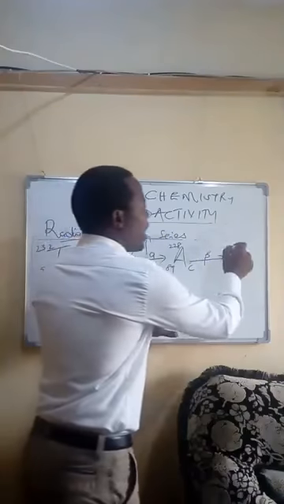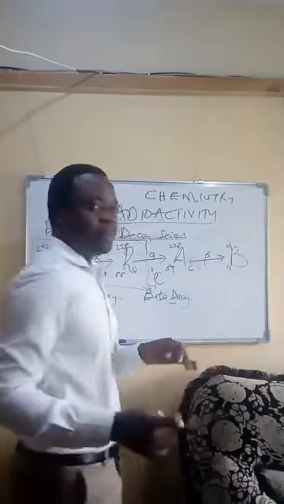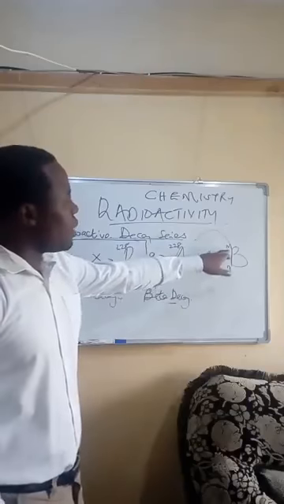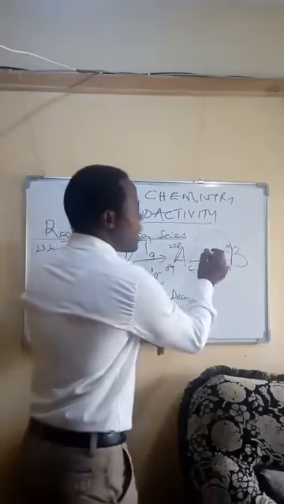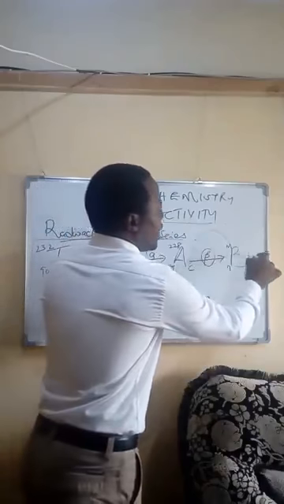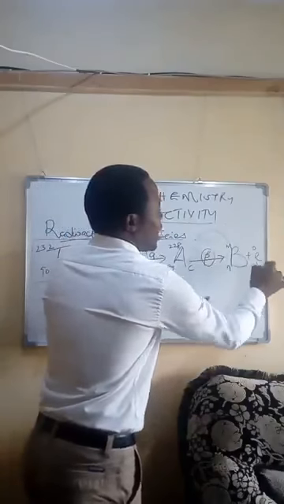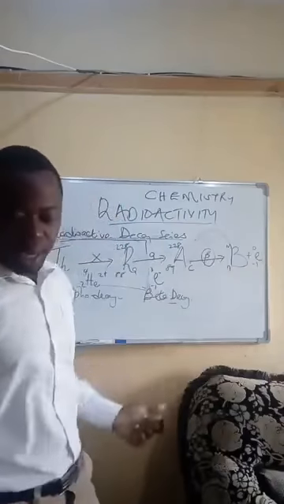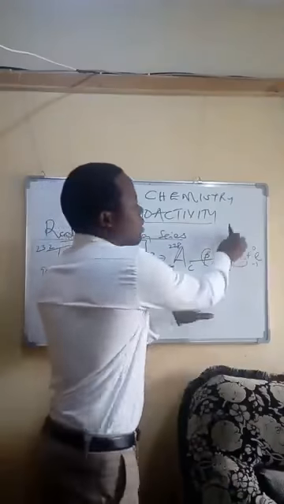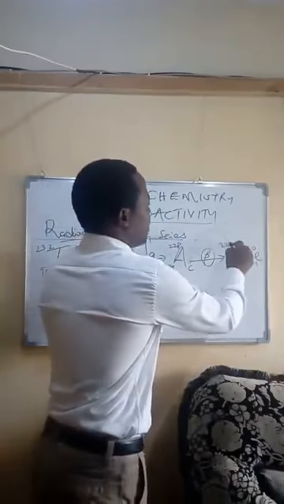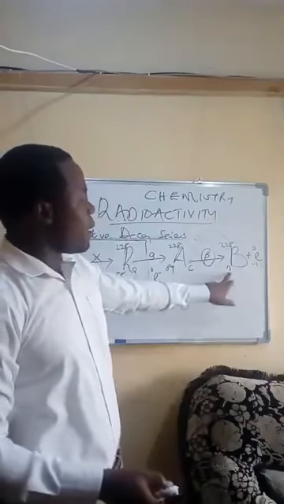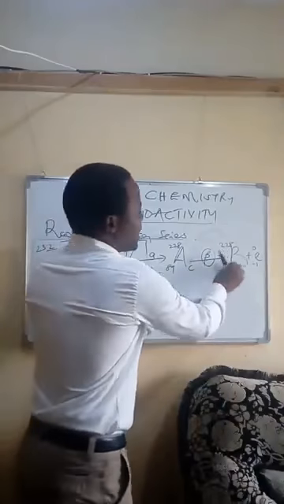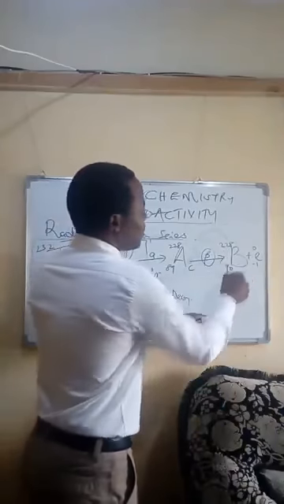B has a number here M and a number here N. So the mass number is going to be M plus, because this is a beta decay, this is going to be an electron, 0 and -1. So M here plus 0 should give you 228, and therefore M becomes 228 as well. N plus -1 should give you 89, and therefore N becomes 90, like that.